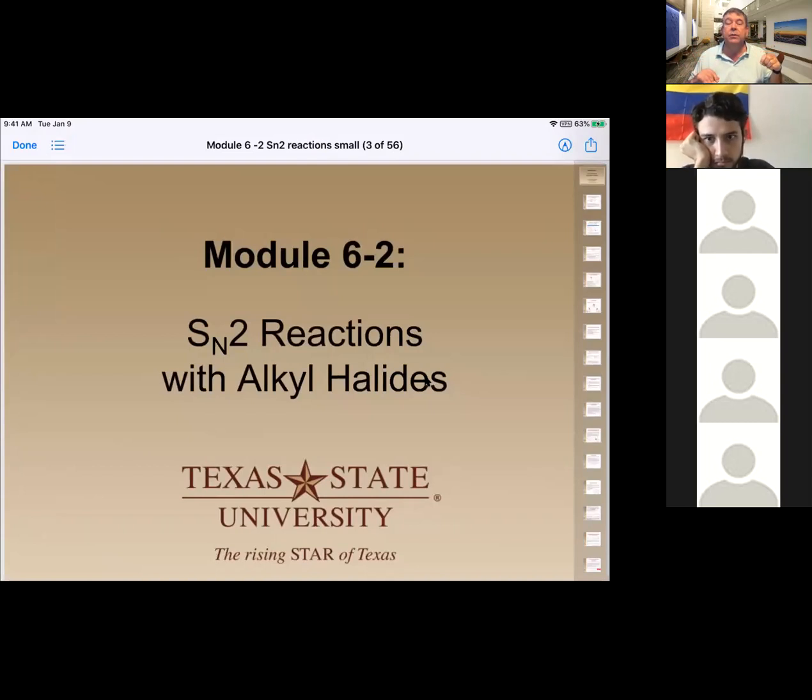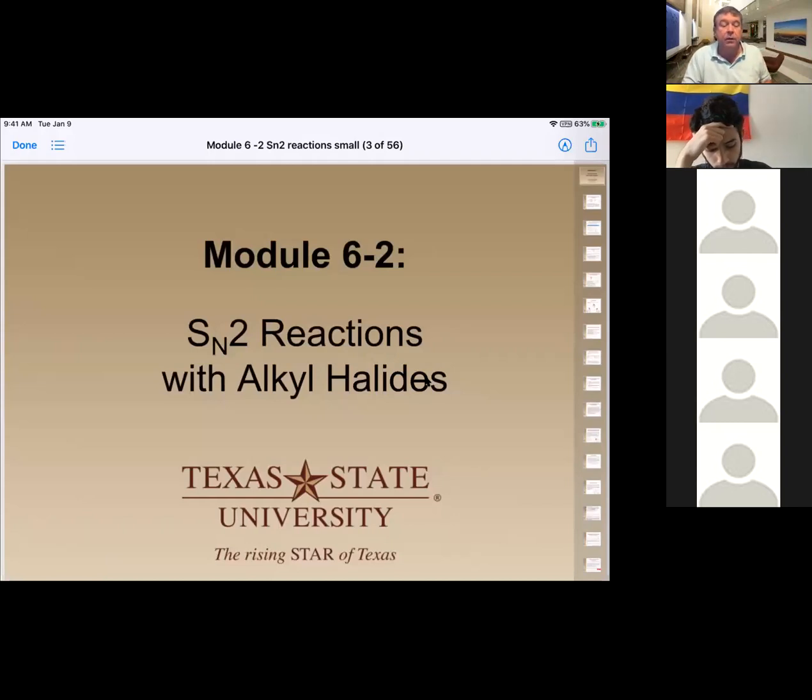If you think about it, those differences are the differences in the bonds formed, from the bond dissociation energy of the reactants versus the products. Now we're going to look at a specific type of reaction and use all those components we found in module 6.1, adding them to our new reaction mechanisms.